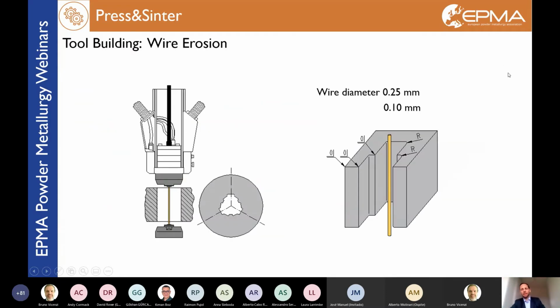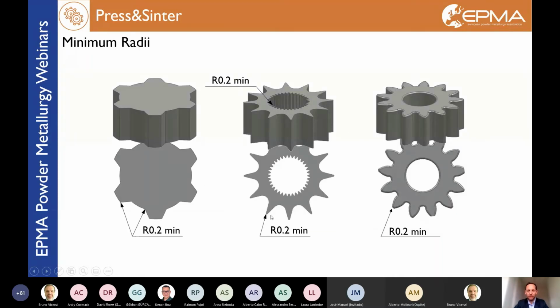Let's speak a few words about the tool building. This is usually made with erosion. For example, the die is usually cut with wire erosion, and since the wire itself has a diameter of 0.10 to 0.25 millimeters, the radii cannot obviously be sharp edges.